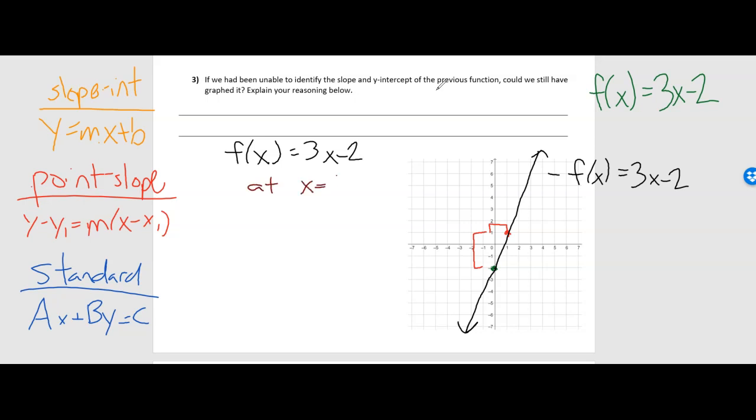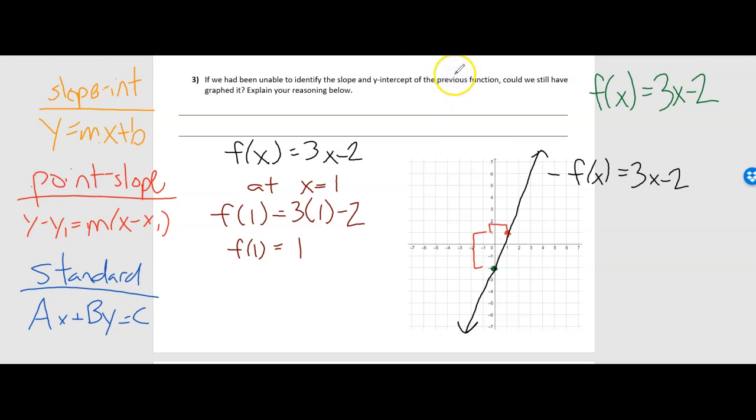Let's choose an input at x equals 1. So when x is equal to 1, I get f of 1 is equal to 3 times 1 minus 2. Remember, if x is equal to 1, I replace all of my x's with 1s. So I get f of 1 is equal to 1. 3 minus 2 is 1.